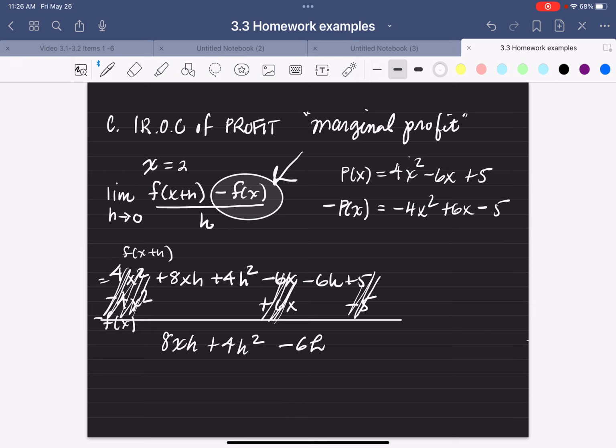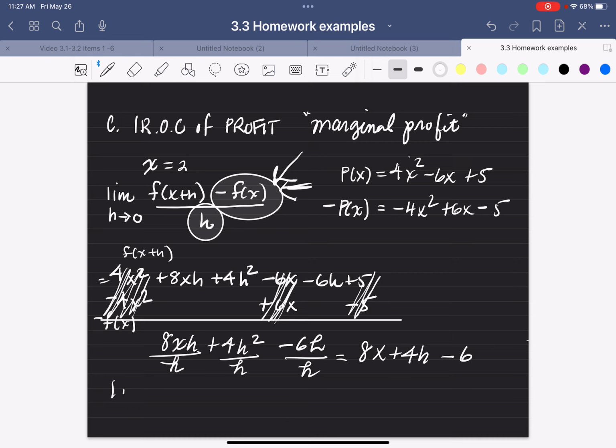Now that's the numerator of our instantaneous rate of change. That's just this top part. We're supposed to now divide by h. So for each one of these, I'm going to divide by h. And that's going to give me 8x plus 4h minus 6.